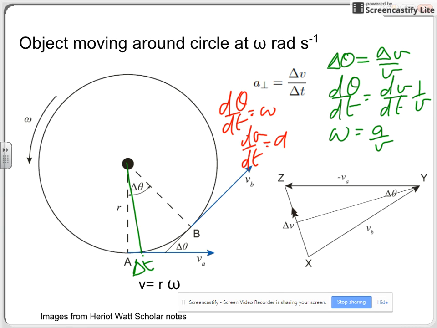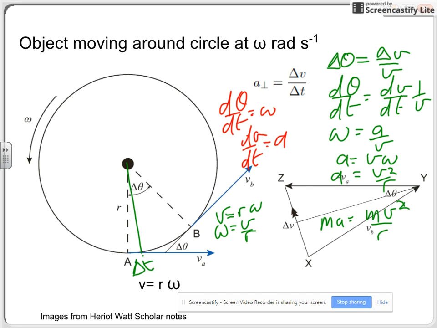Because we had that v equals r omega, so omega is v divided by r, and multiply both sides by speed, you've got acceleration is equal to v times omega. And if omega is v over r, we've got v squared over r. And so you multiply both sides by mass. So mass times acceleration equals mv squared over r. And that's the equation for the central force. Okay?